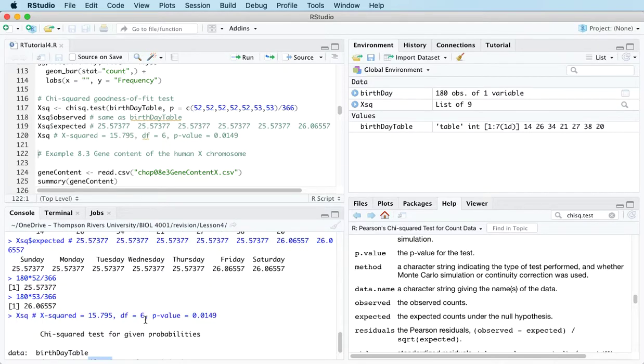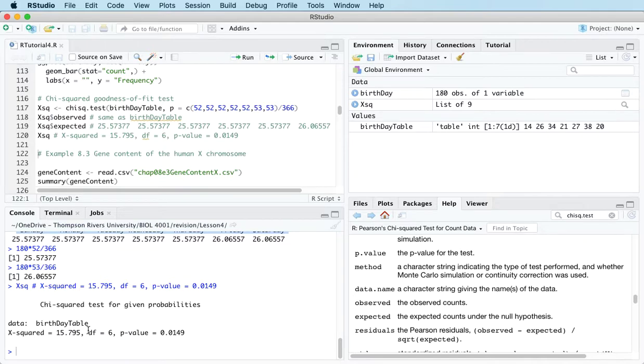You might wonder where that's coming from. That's coming from the fact that we've got 7 days of the week, and so the degrees of freedom is always 1 fewer than the number of categories for this particular chi-squared goodness of fit test. So then what R does is it does a calculation.